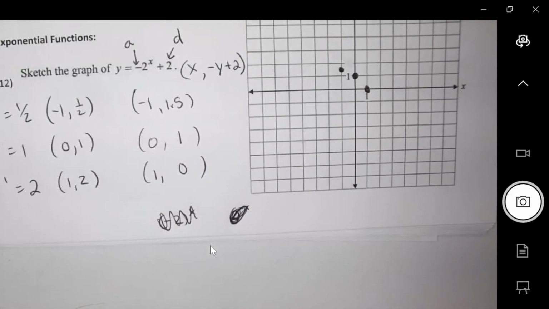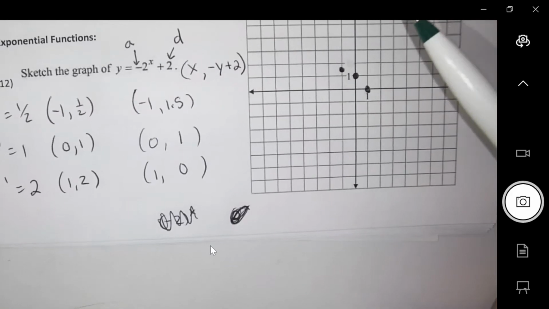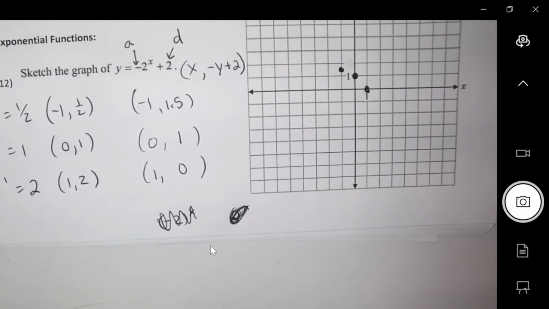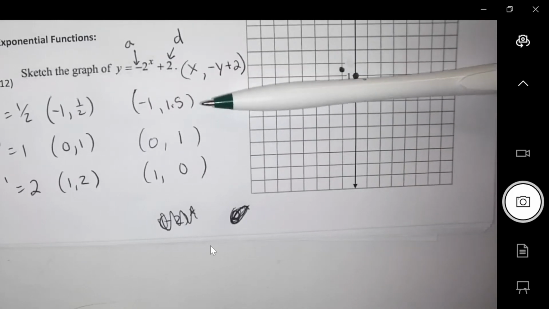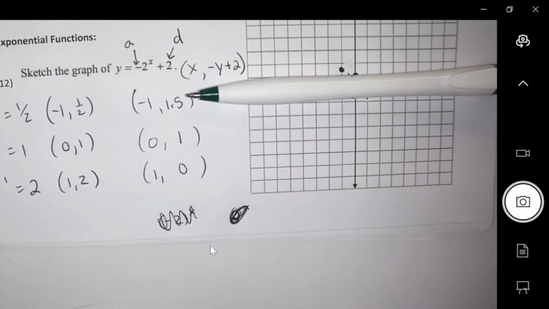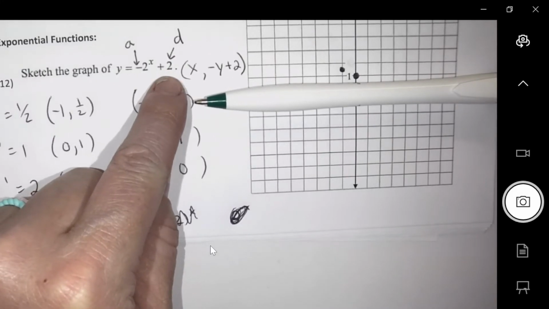Okay, what do we know about asymptotes on an exponential? Where do they start on exponentials? They start like that. What has gone on here though?